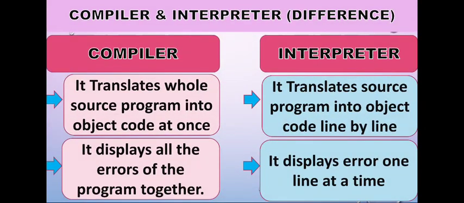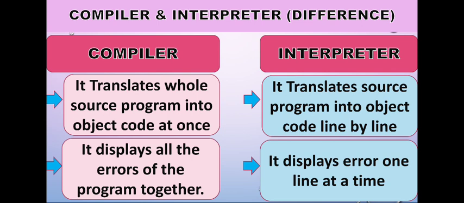Now look at the difference between compiler and interpreter. Both are translator programs that convert the high-level language into machine code. But the difference is that the compiler translates the whole source code into object code at once, whereas the interpreter converts source code into object code line by line.